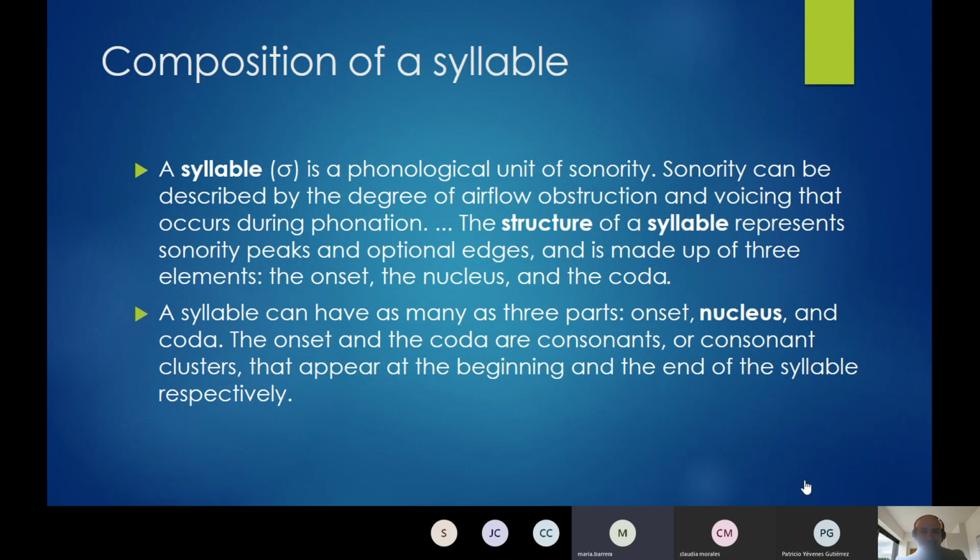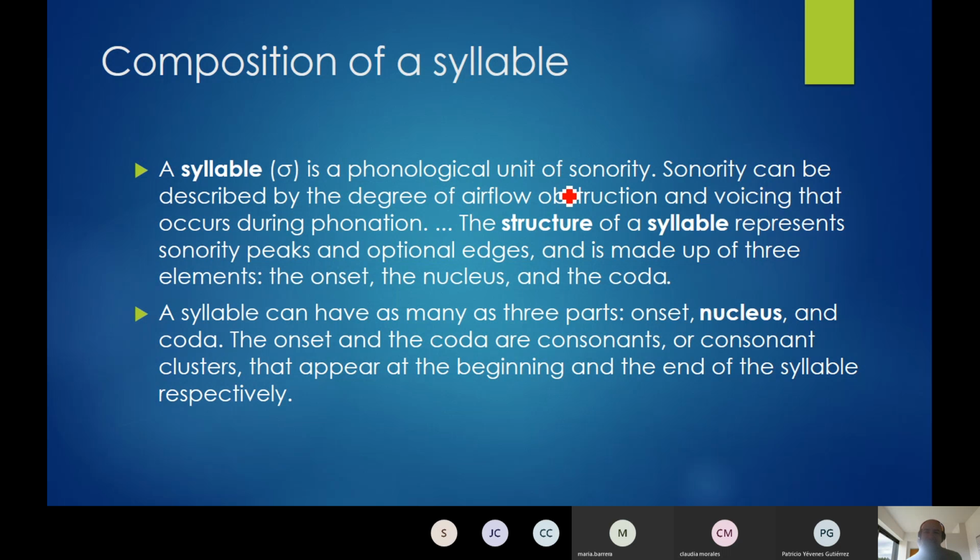Perfect, thanks so much. These paragraphs contain very complex technical words, so it doesn't matter if you don't know the pronunciation, because that's this class, okay? So a syllable, in the first paragraph read by Claudia, and it's represented by this symbol called sigma, is a phonological unit of sonority.